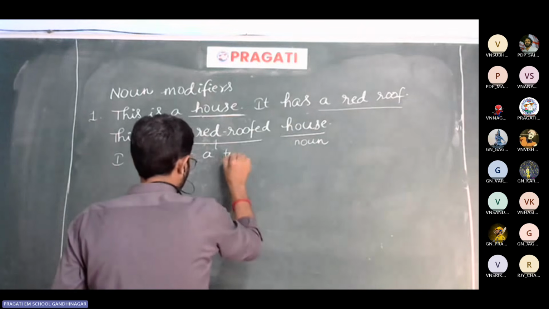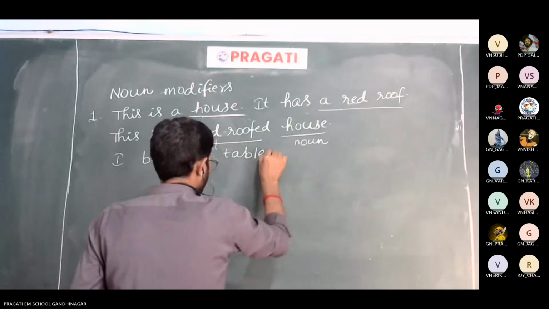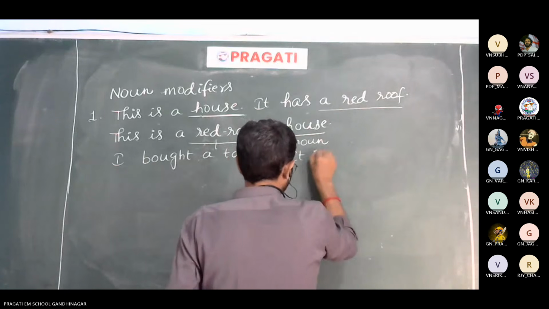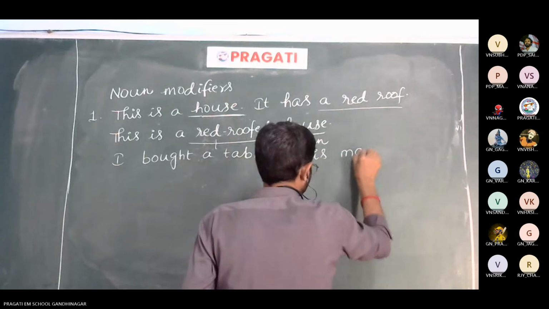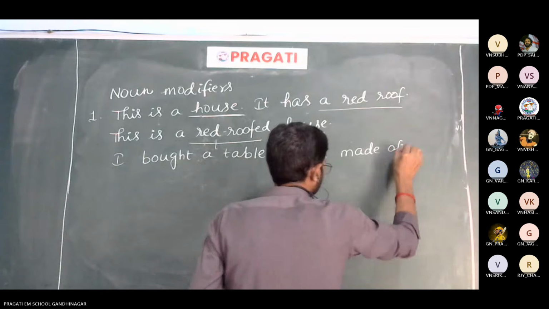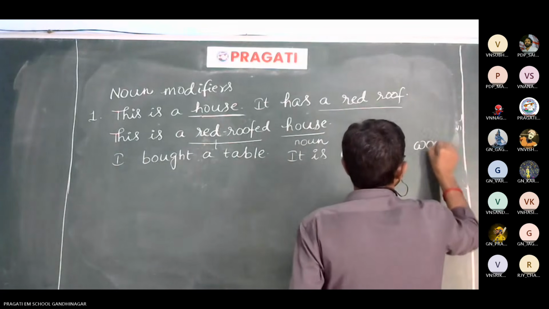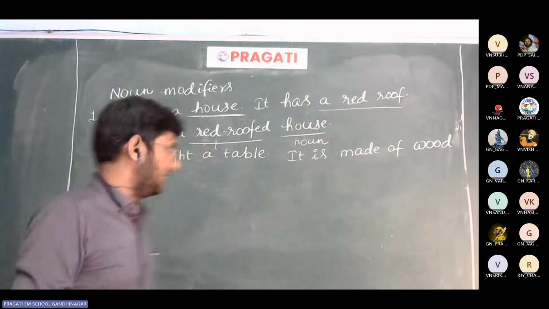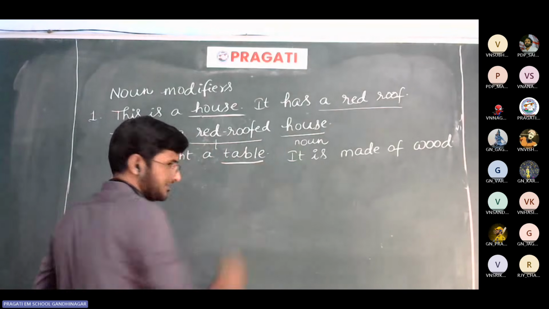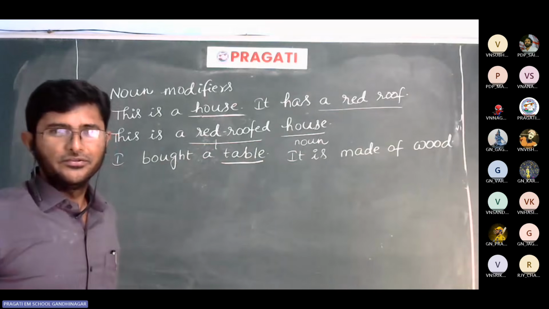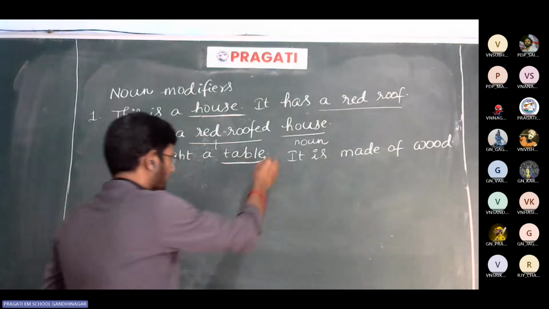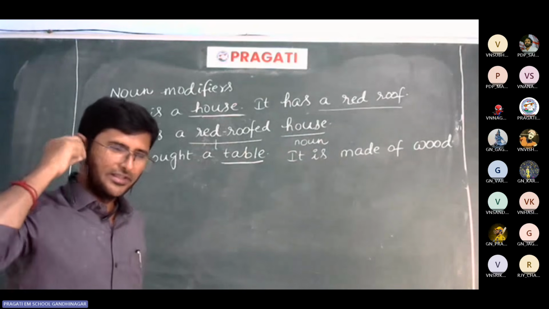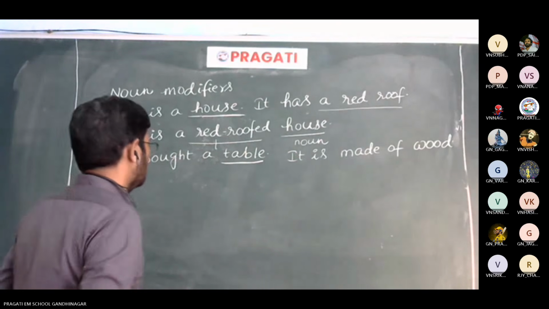I bought a table. It is made of wood. Right. So I bought a table. Table is the noun here, and this table should be modified using an adjective. At the same time, you have to join these two sentences and write one single sentence.